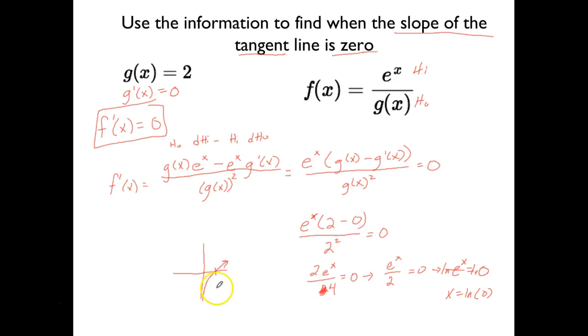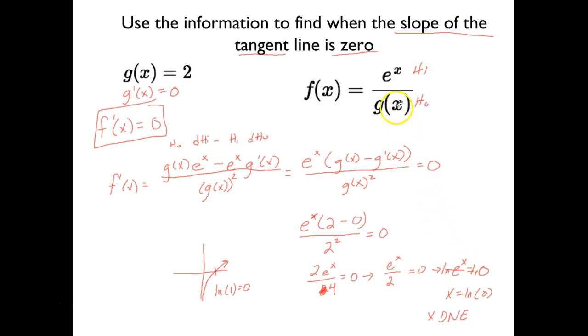Crosses at 1, right? The only value we know about it is natural log of 1 equals 0. And if you notice, it never touches x equals 0. So we don't know when natural log of 0, it doesn't happen. So there is no point. So x does not exist.